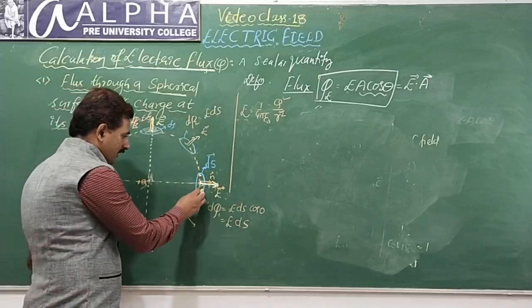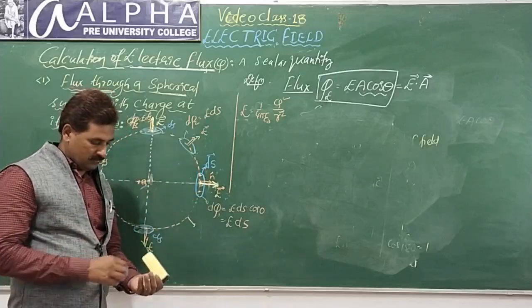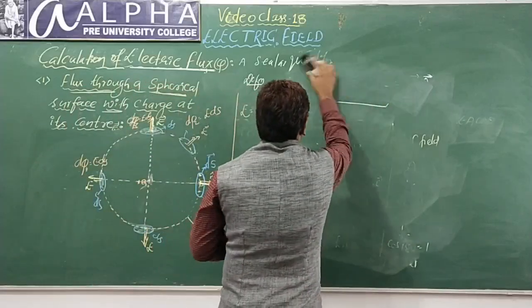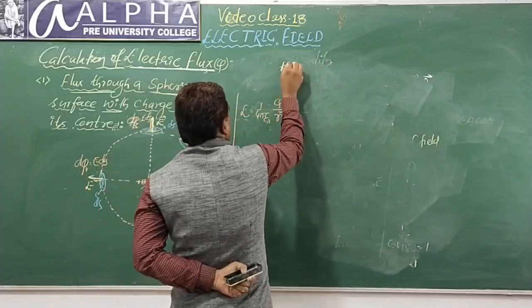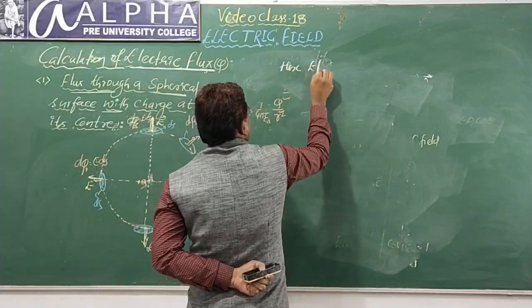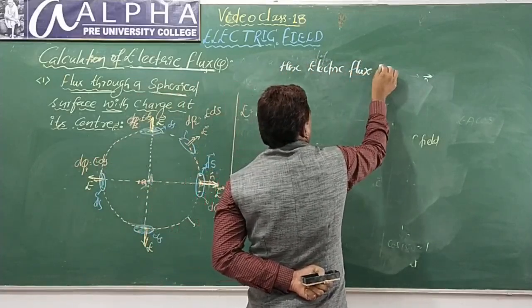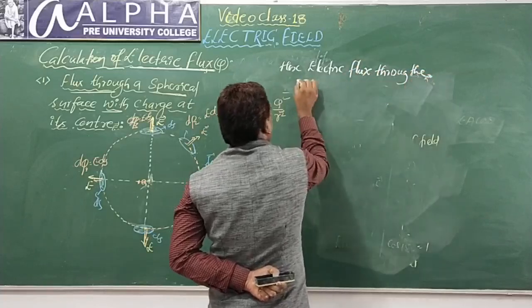Since it is a scalar, how do you add? Just add like numbers, right? So, students, one point you have to remember: the electric flux through the area, which area?